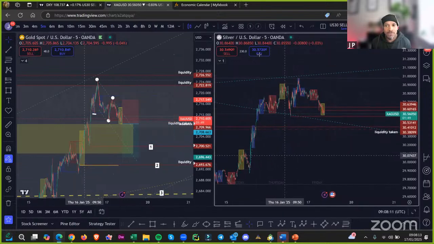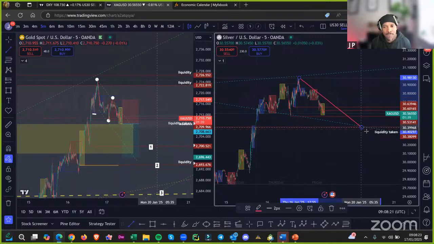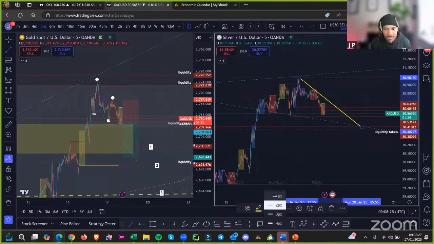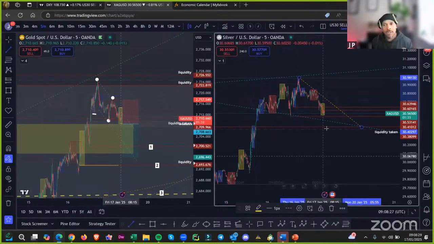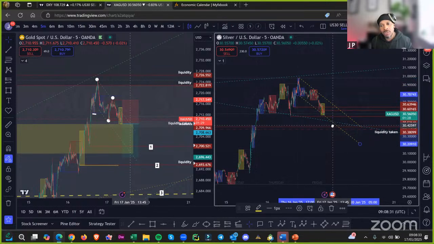Say for example, if I'm looking here, I'm showing you. This is my 5-minute time frame here on silver, which I won't be taking. I don't like silver because it has a large spread. If I had my choice, it'd be gold over silver. That's quite a large spread. But on the 5-minute time frame, I connect some dots on silver.